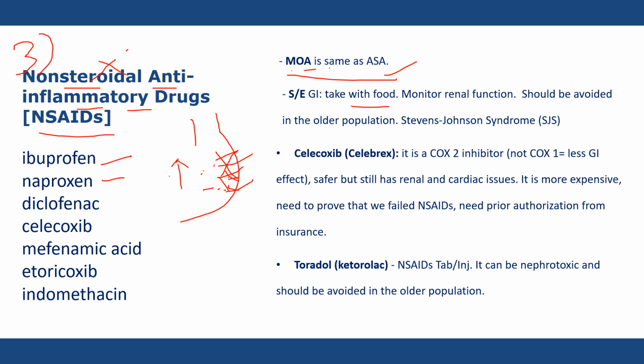We need to keep an eye on renal function because you're going to inhibit prostaglandins in the kidneys as well. So we check BUN and creatinine for these patients. Generally speaking, these medications should be avoided in the elderly, because their renal function is impaired to begin with. So we have to be very, very careful.